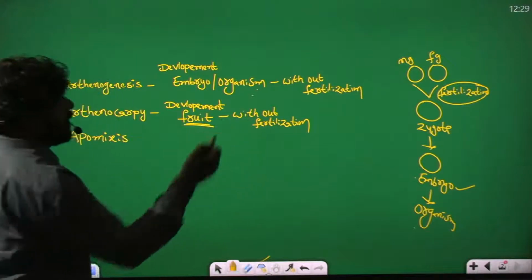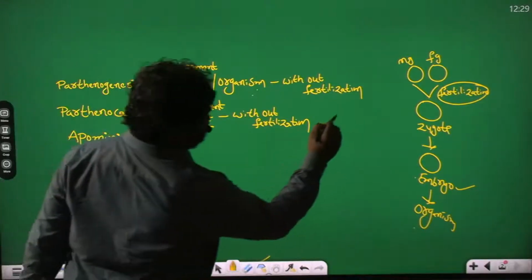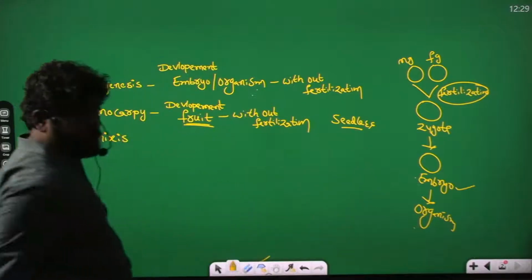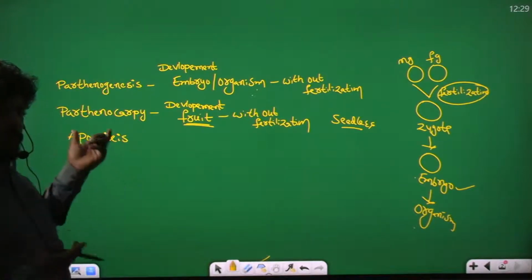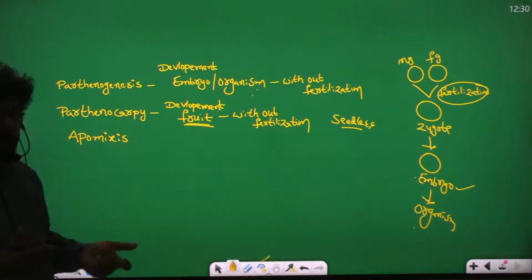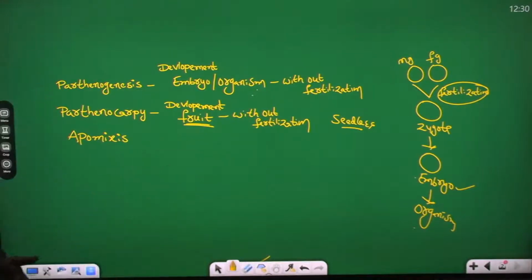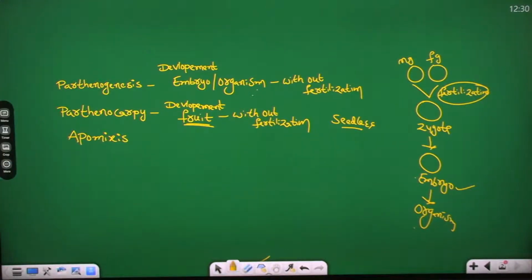Whatever fruits are developed without fertilization are called parthenocarpic fruits. Generally, parthenocarpic fruits are seedless. Banana is the best example. Grape is the best example. Development of fruit without fertilization is called parthenocarpy. Seeds are absent. Clear?